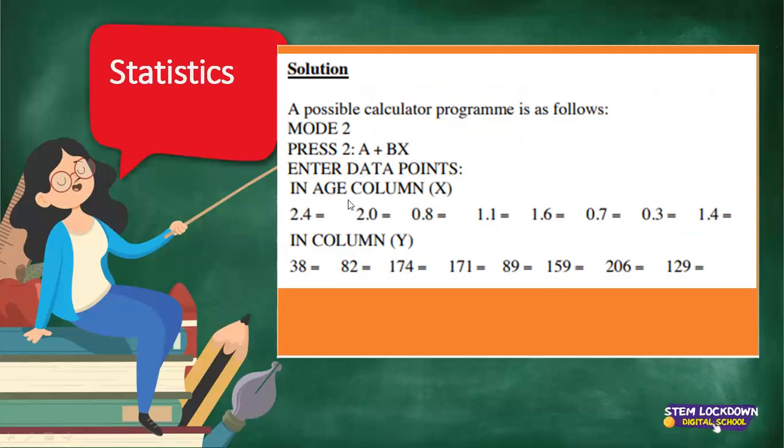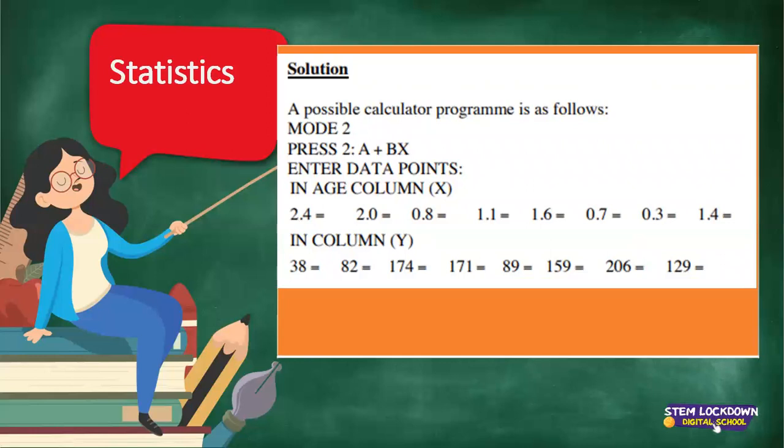Then you go to your Y values and enter all of those as well. After entering one number, you press equals, then the next number, you press equals. Like that, you fill in the X and Y columns on your calculator.